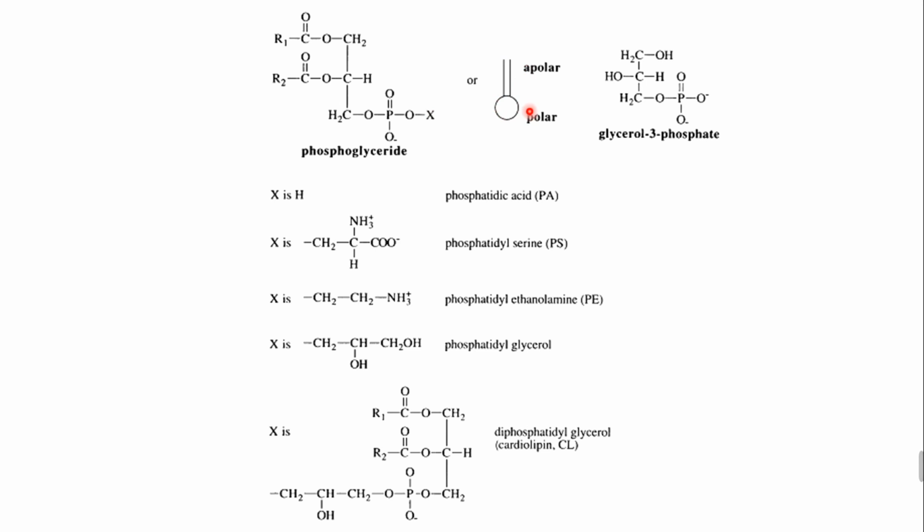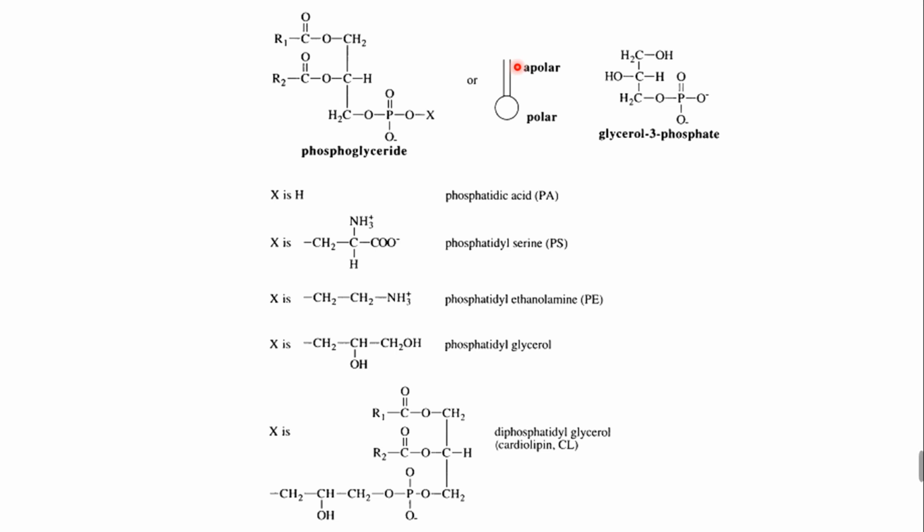Usually you know the drawing of the membrane: one layer has a head and two tails. The head represents this and the phosphate, because this is also a highly soluble portion. And these two chains are represented as R1 and R2. That's all.